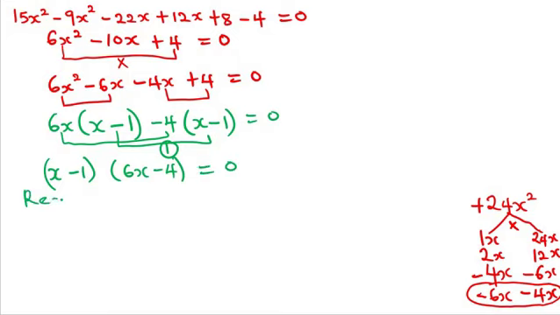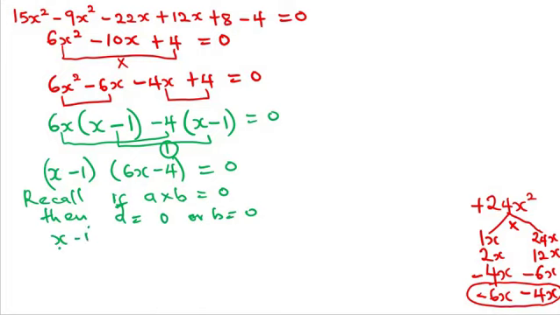Recall from our previous videos, if a times b is equal to 0, a is equal to 0 or b equal to 0. So that will bring down our values. We have x minus 1 equal to 0 or 6x minus 4 equal to 0. So collect like terms from both sides.